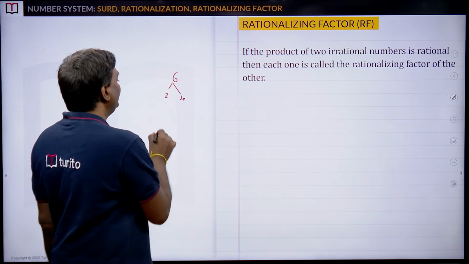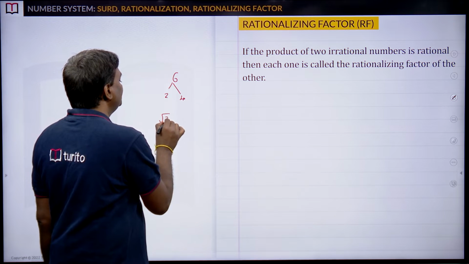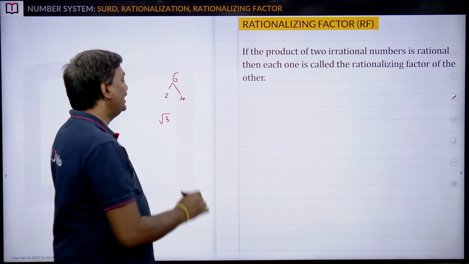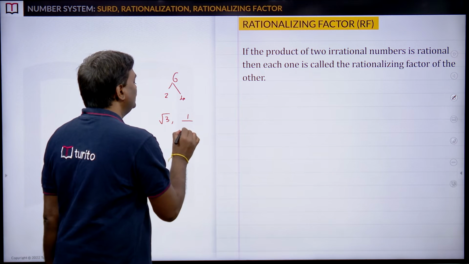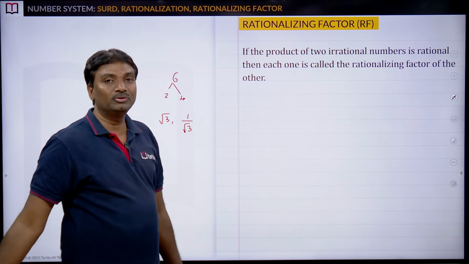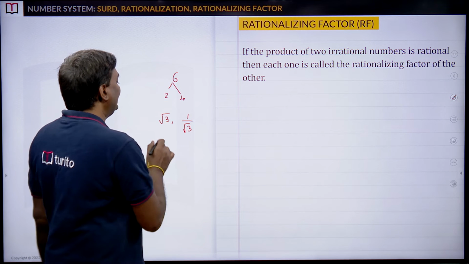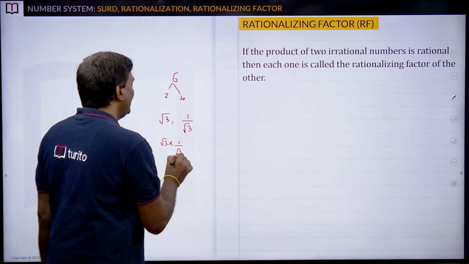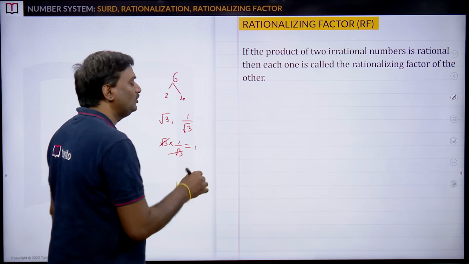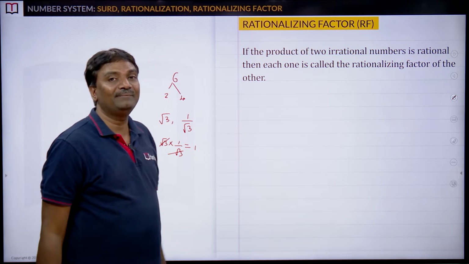So, for example, if we take the first irrational number as root 3 and the second as 1 by root 3, both are irrational numbers. If you multiply them, root 3 into 1 by root 3, root 3 gets cancelled, we get 1. Clearly that is a rational number.